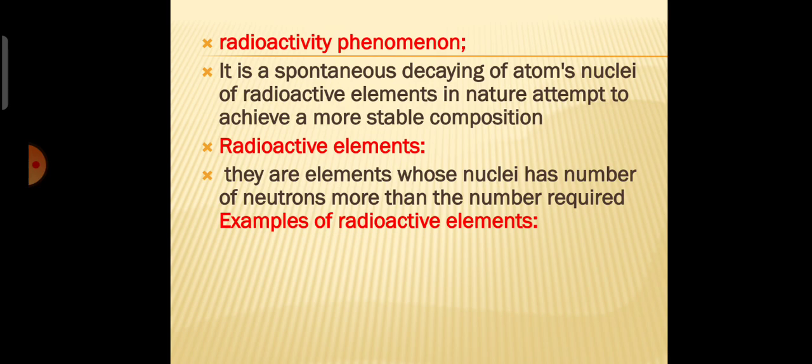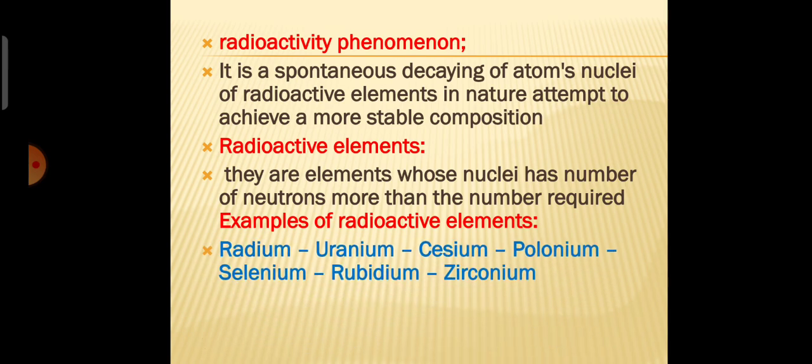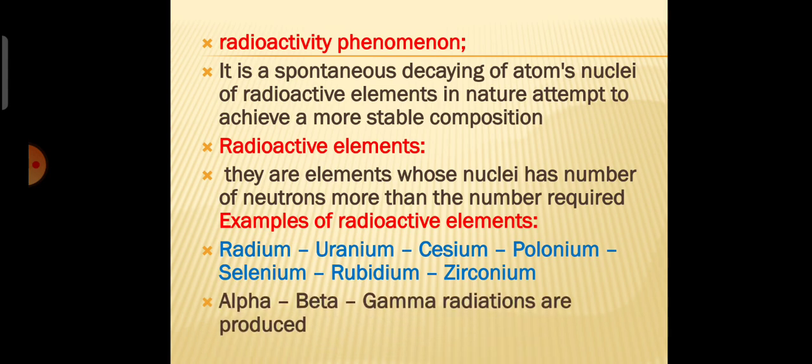A radioactive element is an element whose nuclei have more neutrons than the number required. Examples of radioactive elements: radium, uranium, cesium, polonium, selenium, rubidium, zirconium. These elements emit some types of rays called alpha, beta, and gamma rays.